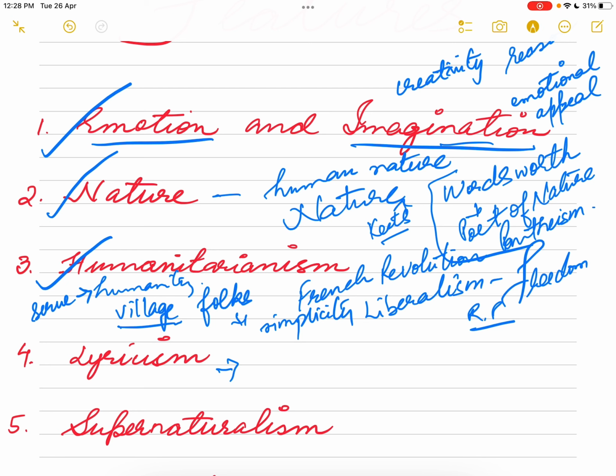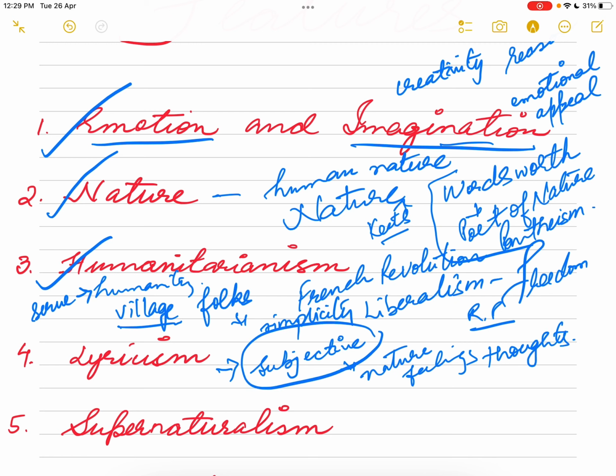Next and very significant is lyricism. Lyricism comes from lyrics. I hope you all know about that. What we have to remember is that the Romantic poets wrote deeply personal poems, revealing their own nature. That is why it is subjective. They talk about their personal feelings, their own nature, and their thoughts. That is why I'm saying they wrote subjective poetry.